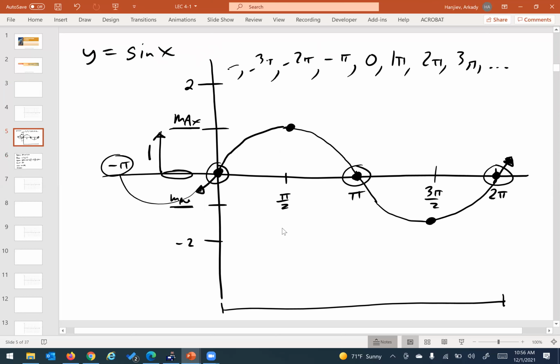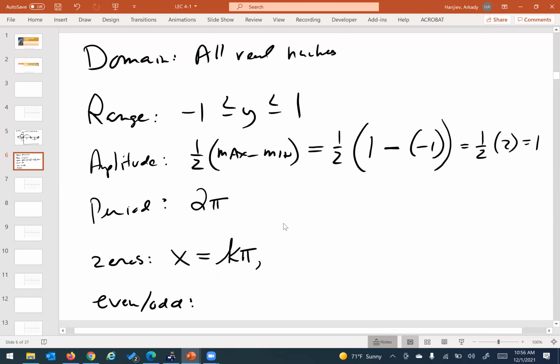Sure. Go ahead. I'm still trying to get down the definitions for all of them. What's the definition of period? The repeat, when it starts to repeat itself. For range, it would be y values.